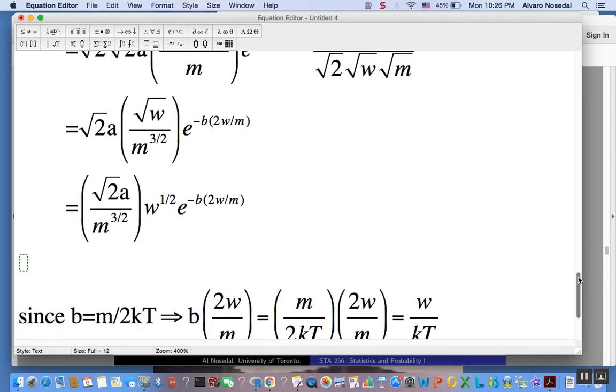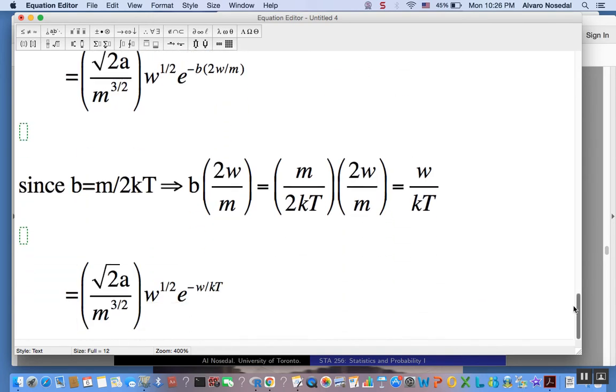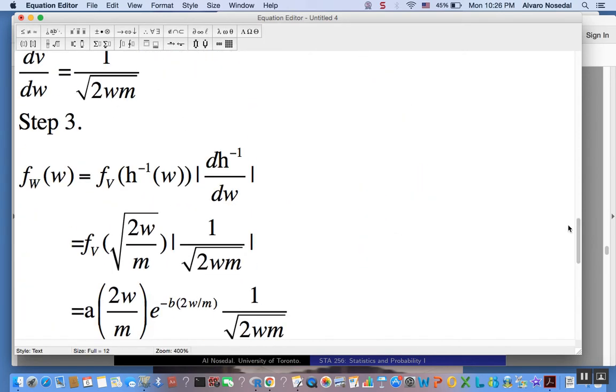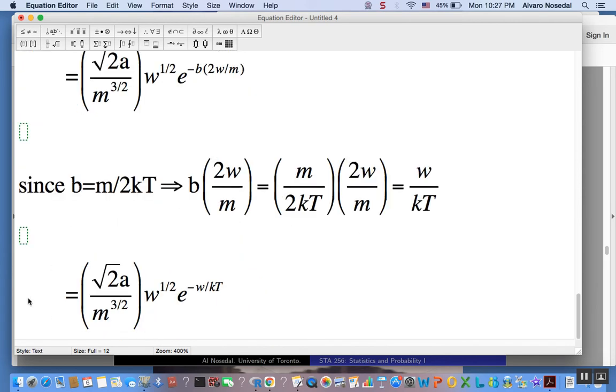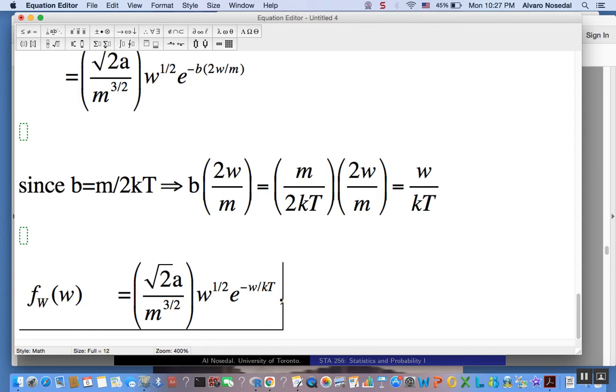Now, something important is that what we have found here, right, is the PDF of w for w greater than 0. Okay?